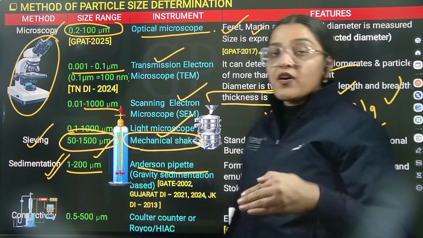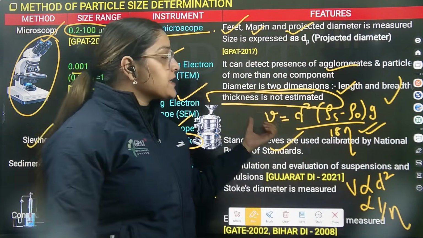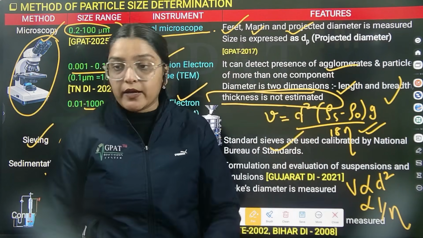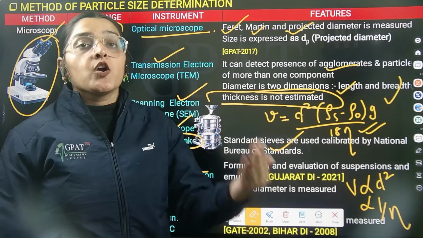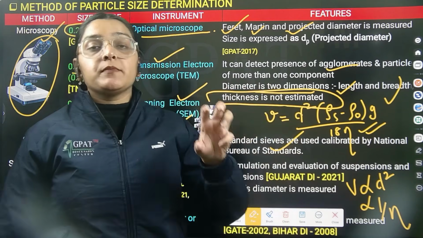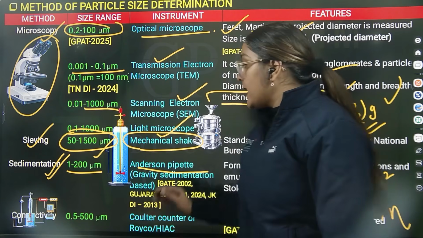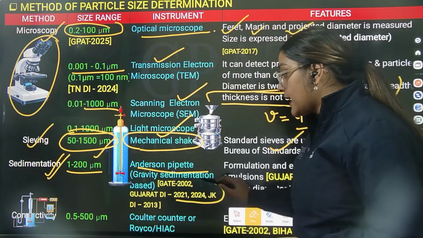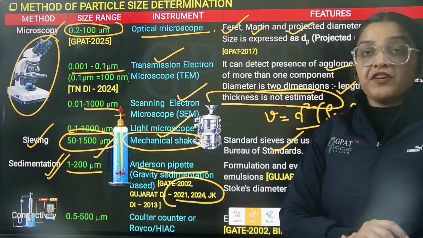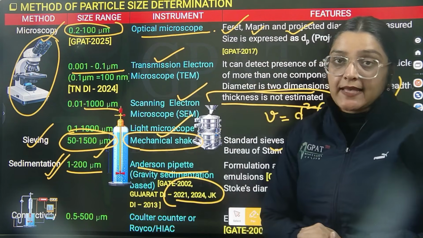That means if the particle is bigger or the diameter is larger, then the sedimentation can be quicker. If the viscosity is lower, then the sedimentation can also be quicker. So this is a sedimentation method based on the Stokes law equation, and the Andreasen pipette is basically based on this. You can see how many times it has been asked in different exams, so that becomes specific to our GPAT 2026 exam as well.